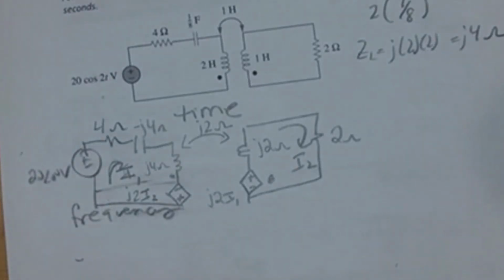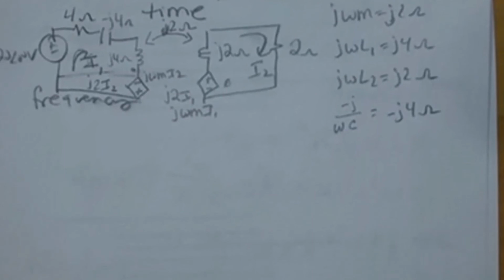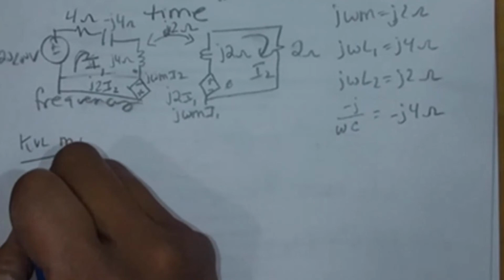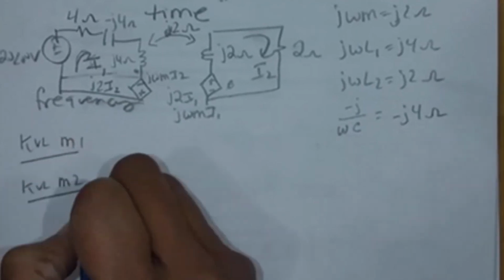All right, we now are going to write two mesh equations. Write a KVL equation for mesh 1, and then write a KVL equation for mesh 2.